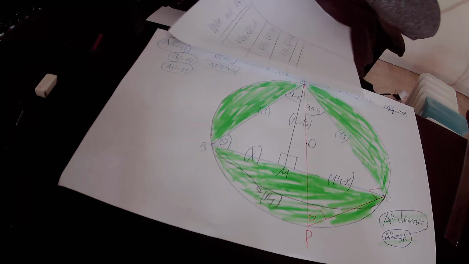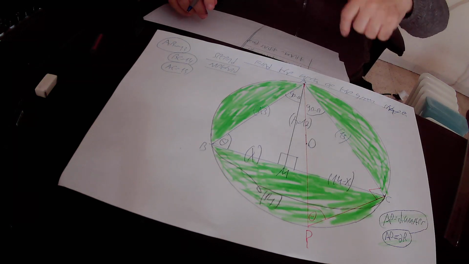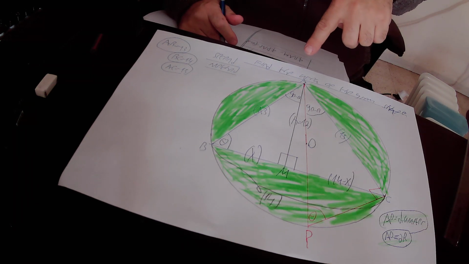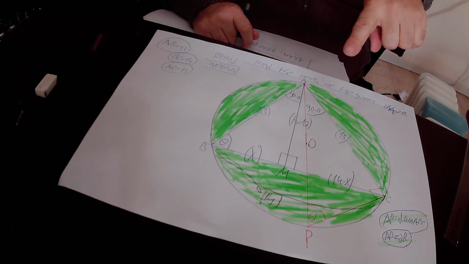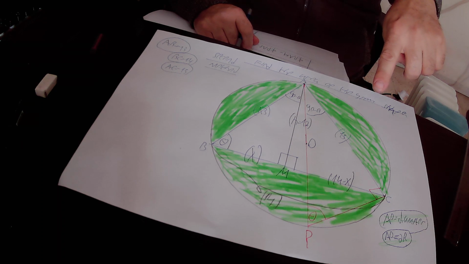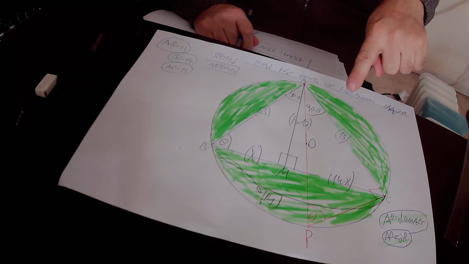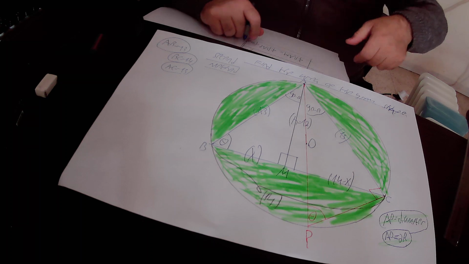So we actually proved that all three angles in triangle ABM are correspondingly congruent to all three angles in triangle APC.